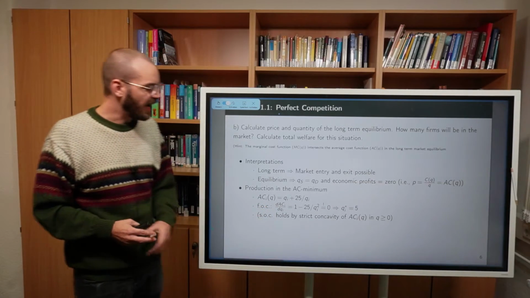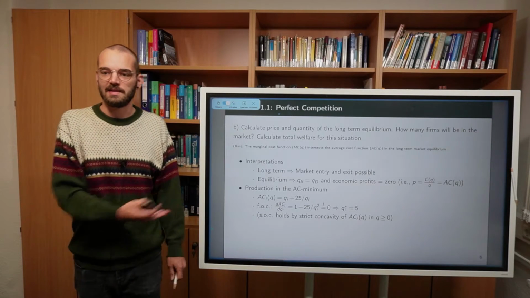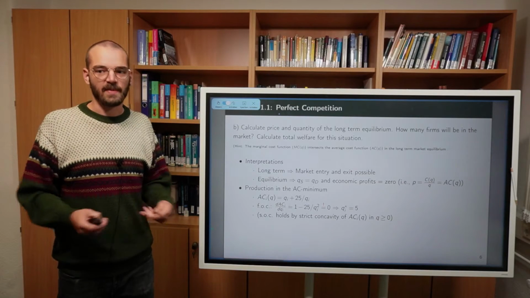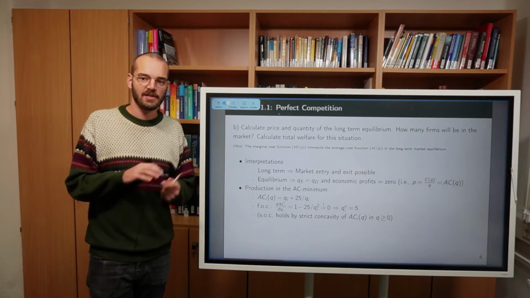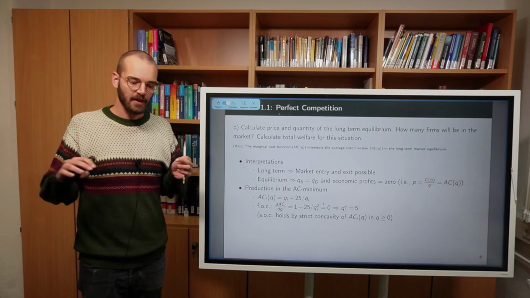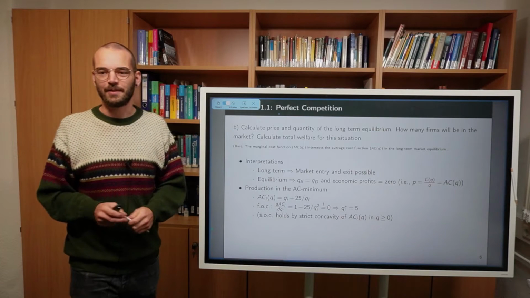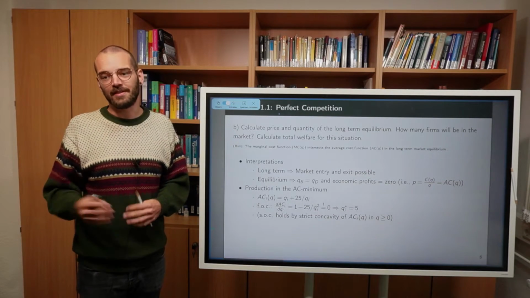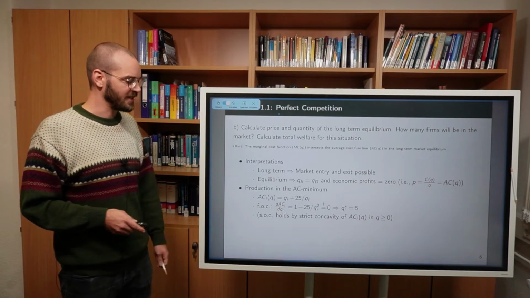We can simply argue that by strict convexity of this average cost function, as we can see it written on this slide, this must be a minimum. And for the remainder of this class, we will typically just make sure that the properties of the functions we are looking at ensure that we are actually finding maxima or minima respectively, so we don't have to bother with the second order conditions.